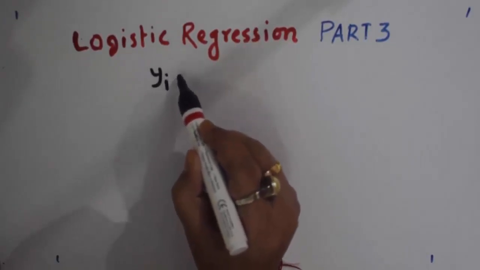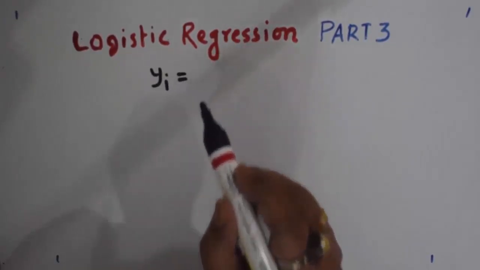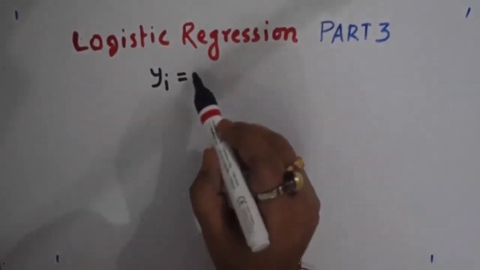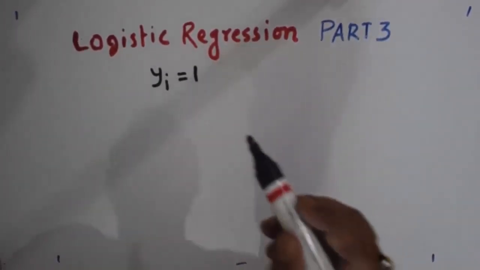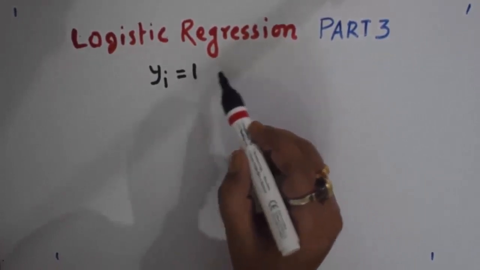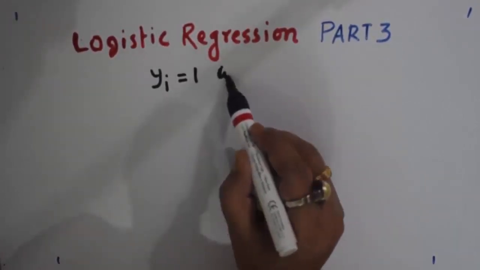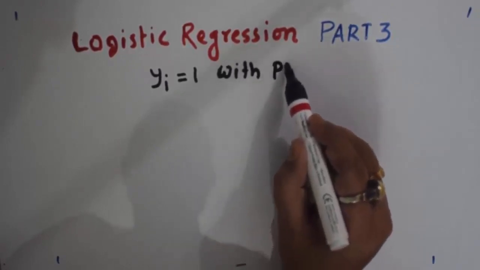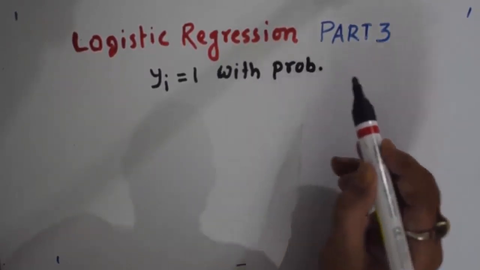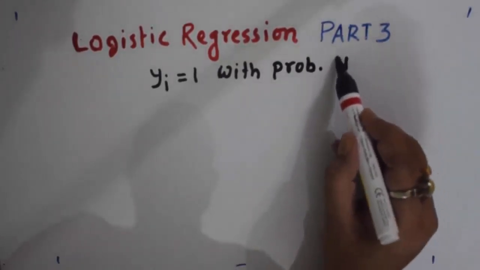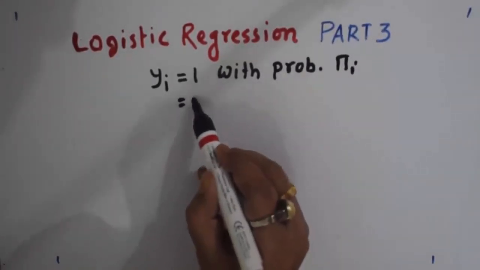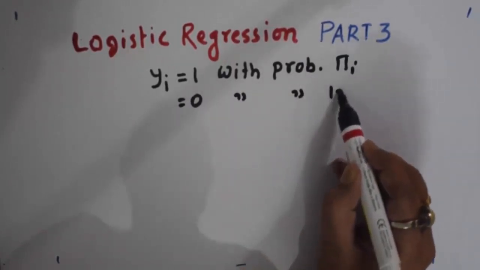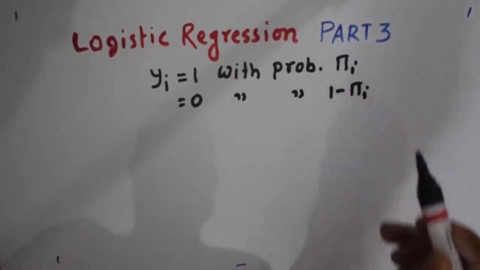Yi, already defined, is the response variable, which for the ith observation is 1 with probability pi i, and 0 with probability 1 minus pi i.